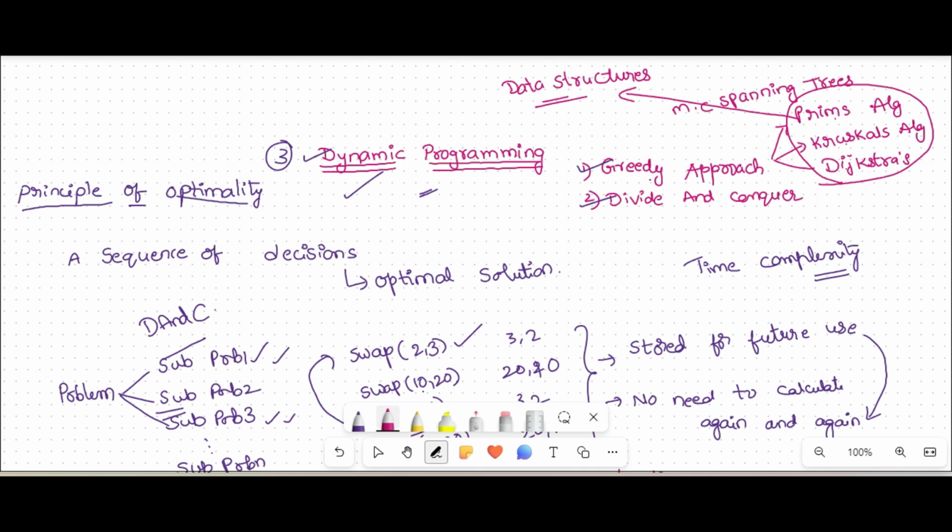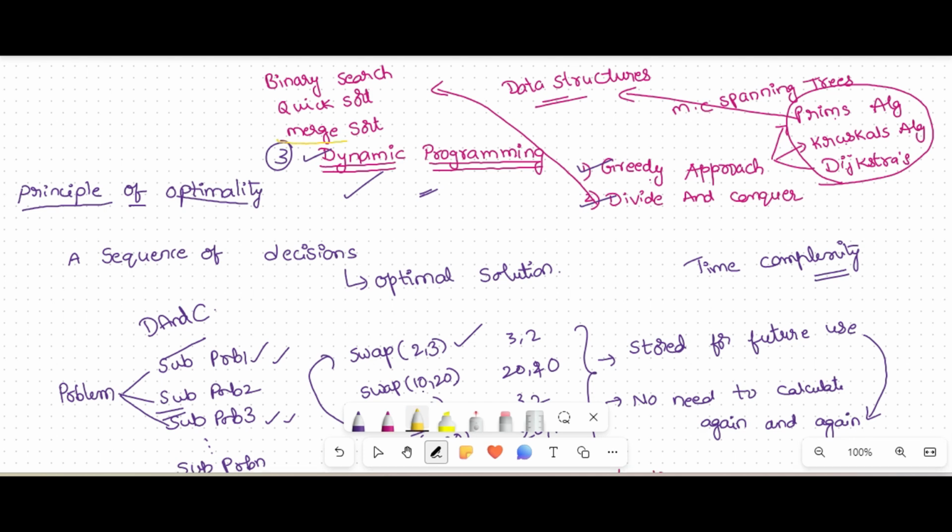Similarly, for divide and conquer, the applications under divide and conquer are binary search, quicksort, and merge sort. These three algorithms I also explained in the data structures subject.